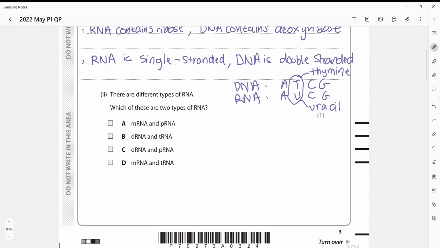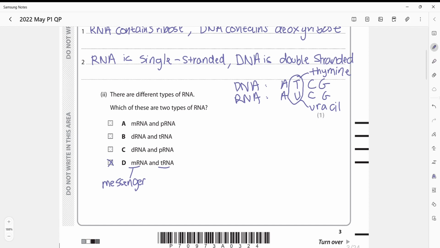Okay, next part. There are different types of RNA. Which of these are two types of RNA? So the answer for this is D, your mRNA and your tRNA. The M in mRNA stands for messenger. The mRNA is actually made in the transcription process, right?